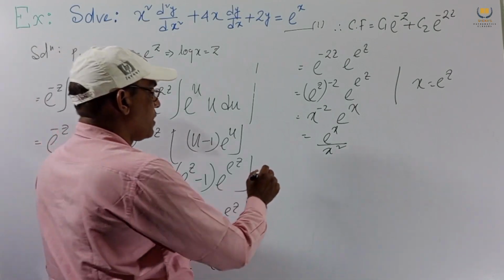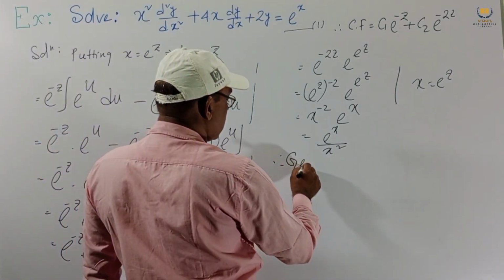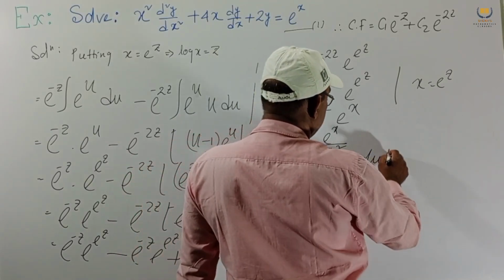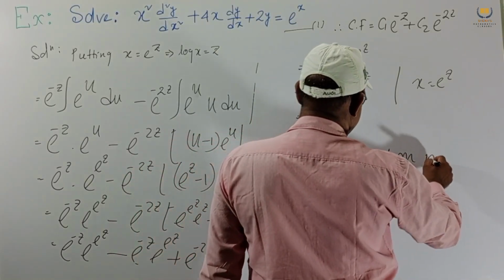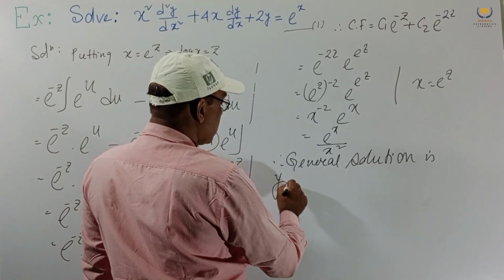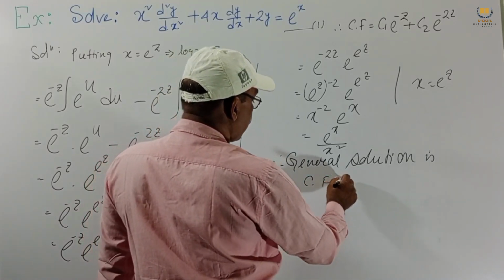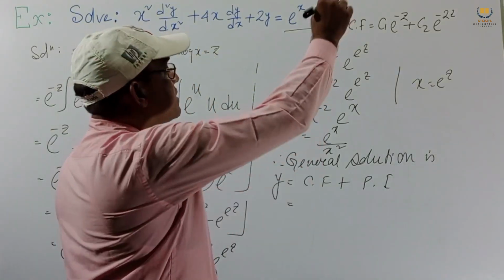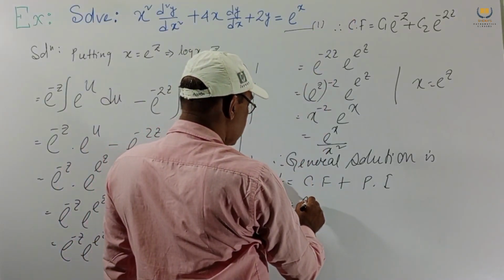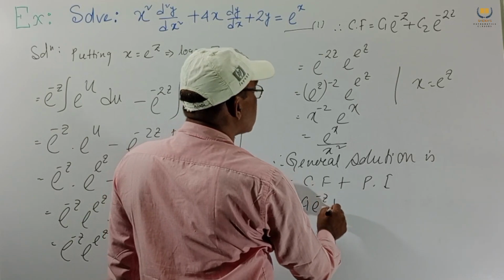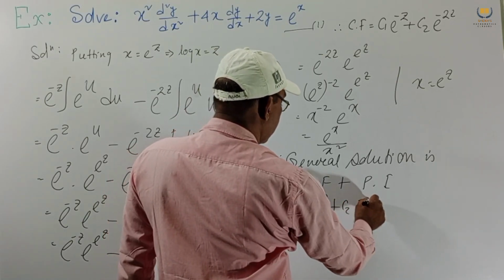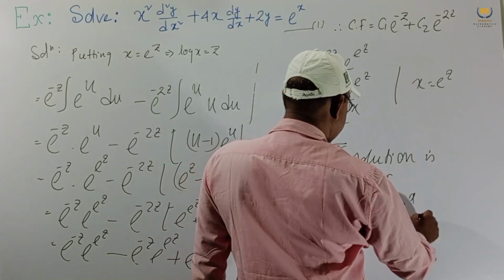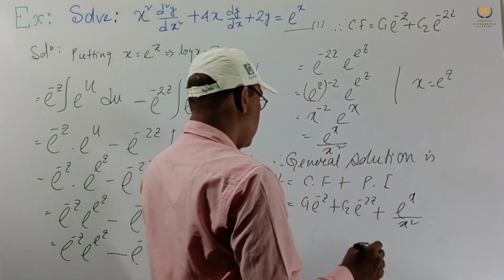Therefore the general solution is y equal to CF plus PI. CF means this one, C1 e to the power minus z, C2 e to the power minus 2z, plus PI means e to the power x by x square.